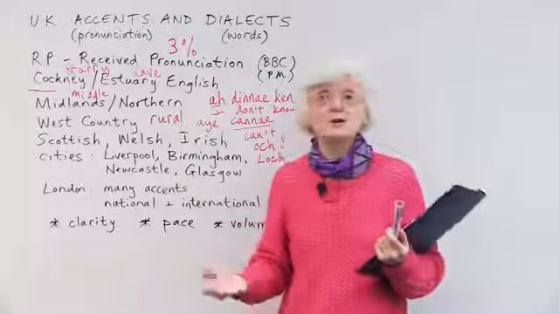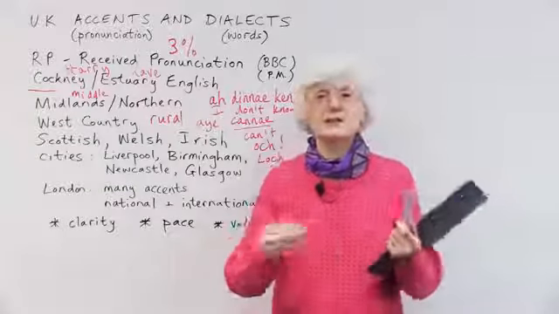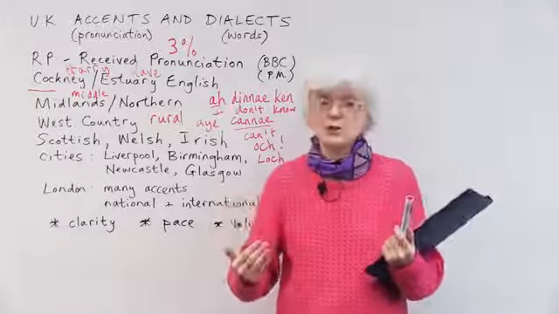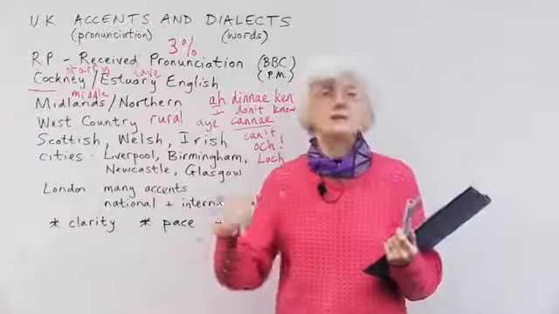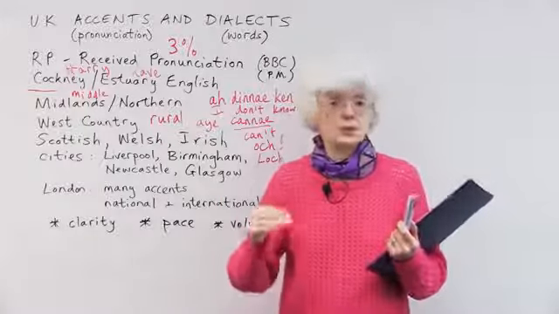If you've ever heard Sean Connery in a film, he changes his accent sometimes. But if you hear Sean Connery, a Scottish actor, speaking in his Scottish accent, you will get some idea of the Scottish sound.